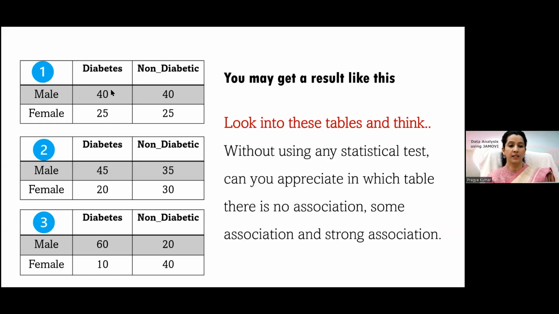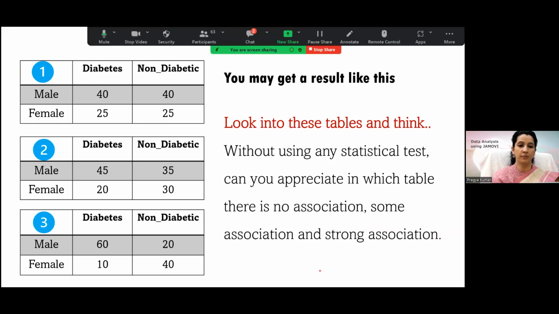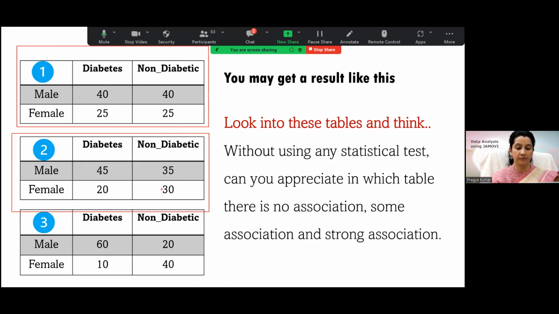You can see here, see the first table. So first focus on the first table. Here you can see that the male and the female in diabetic and non-diabetic are equal in number. In the second table, you can see that diabetic males are 45, non-diabetic 35. Similarly, the females are 20 and 30. See the third table.